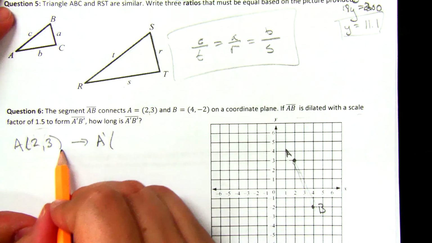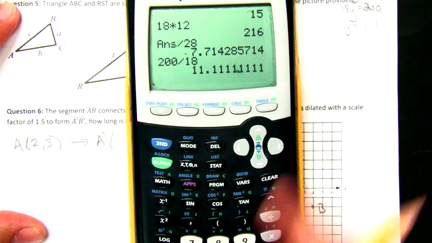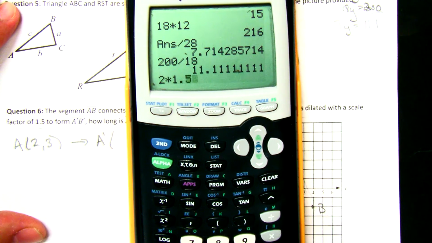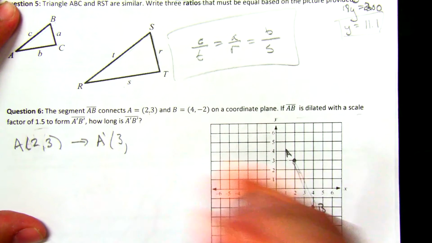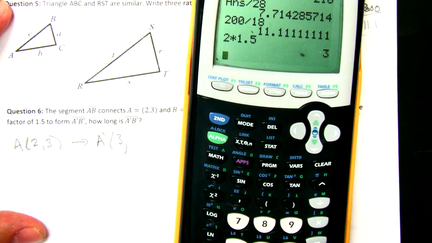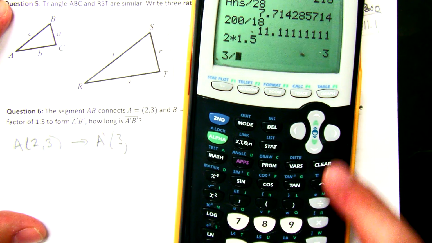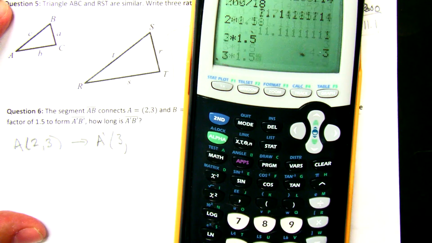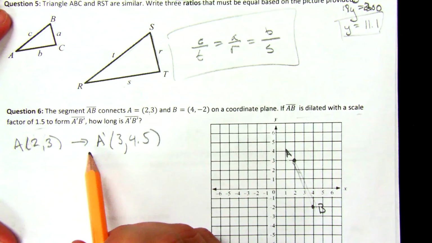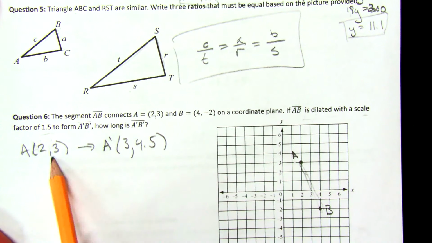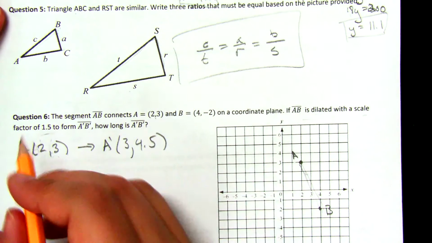A prime is going to be 2 times 1.5. So that's 3. And then 3 times 1.5, which is 4.5. Remember, when we do the dilation, we just multiply each coordinate by the scale factor.